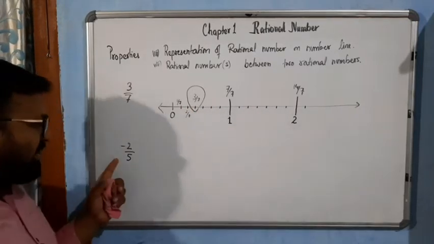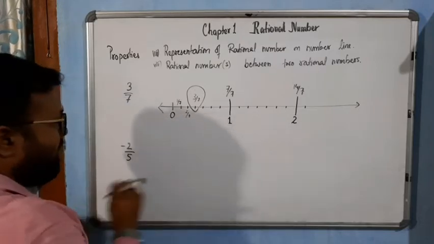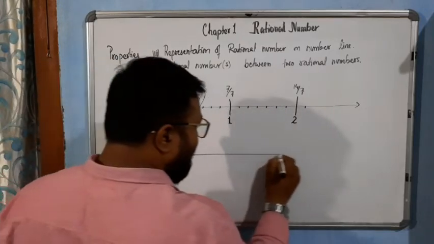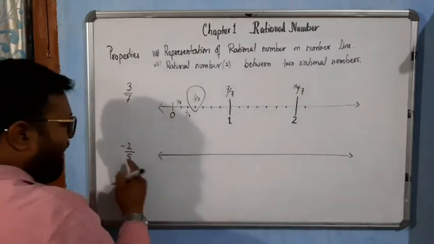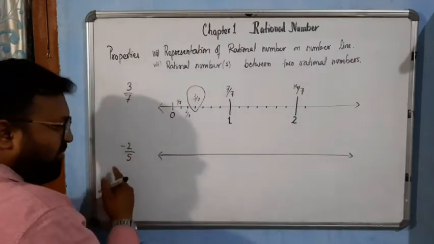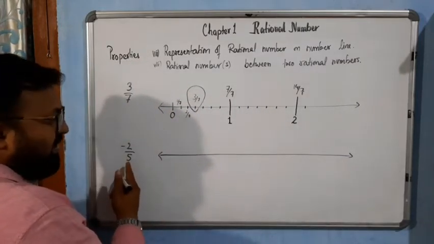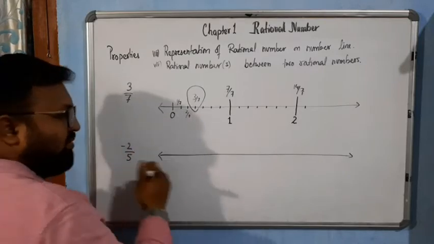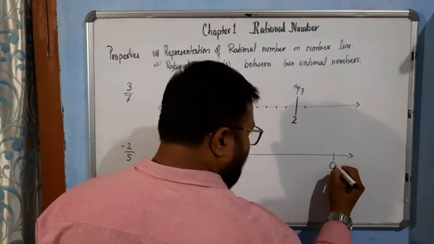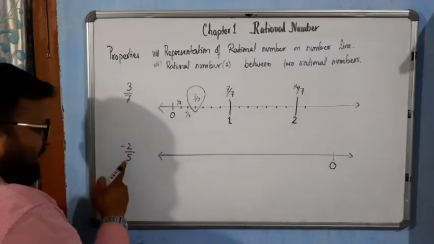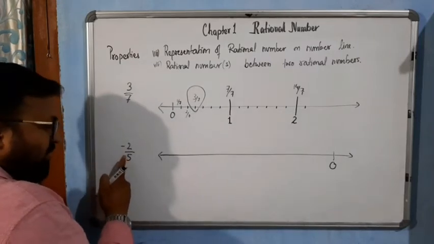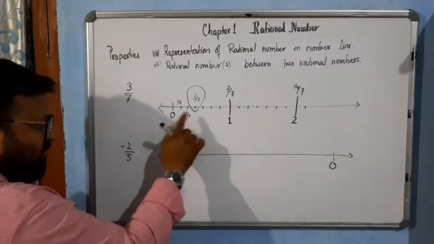Now let's talk about this negative rational number, minus 2 by 5. Let's draw a line here. It is a negative rational number and it falls on the left hand side of the 0, so we will write 0 on the right hand side. Now again we see the denominator is 5, so for each unit we will have 5 small divisions.